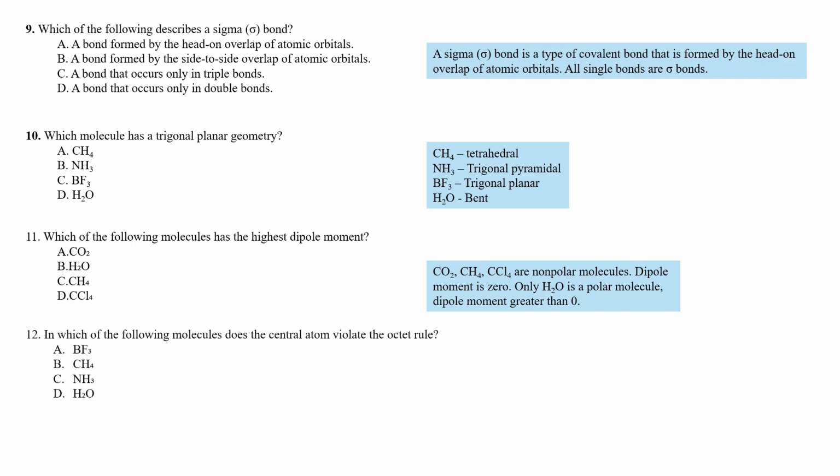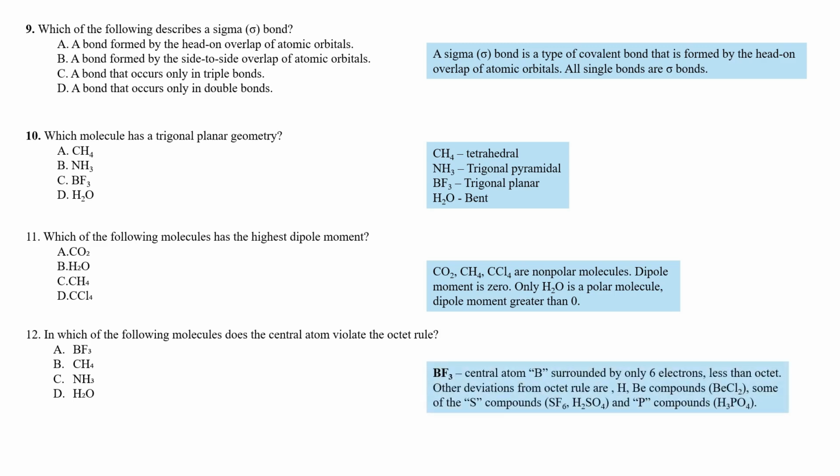Question number 12. In which of the following molecules does the central atom violate the octet rule? The octet rule means the central atom is surrounded by 8 electrons. There are a few violations. One is hydrogen.